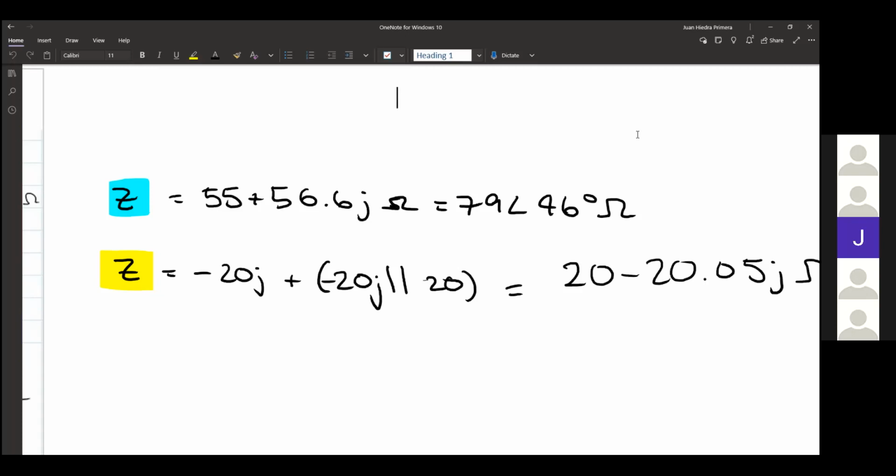Again, if you can get your calculator to do this for you, by all means, please do it. It is so worth it. Sorry? Converting from rectangular to polar.